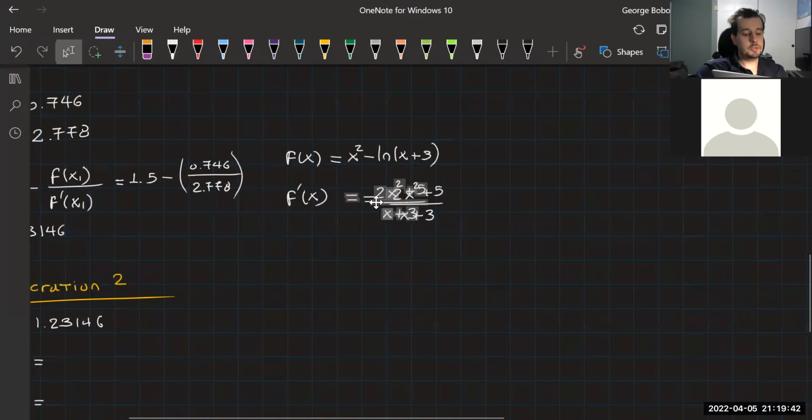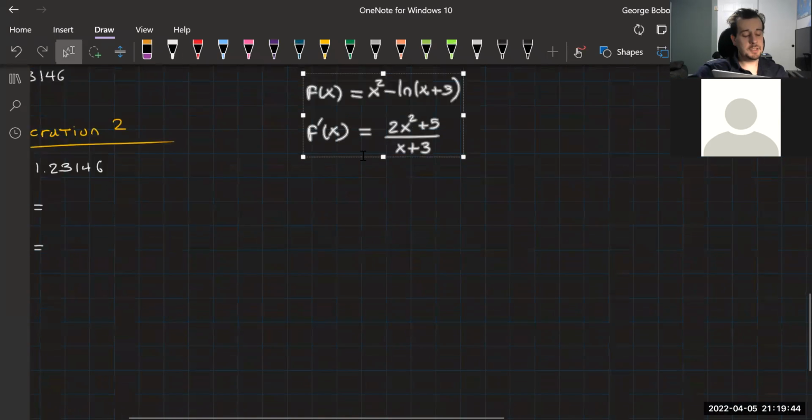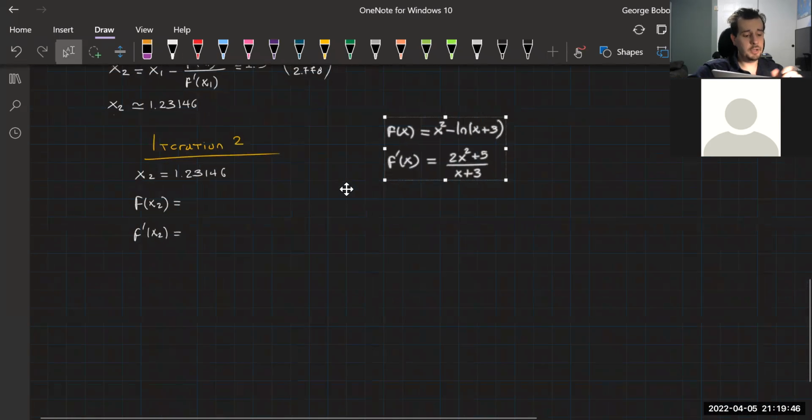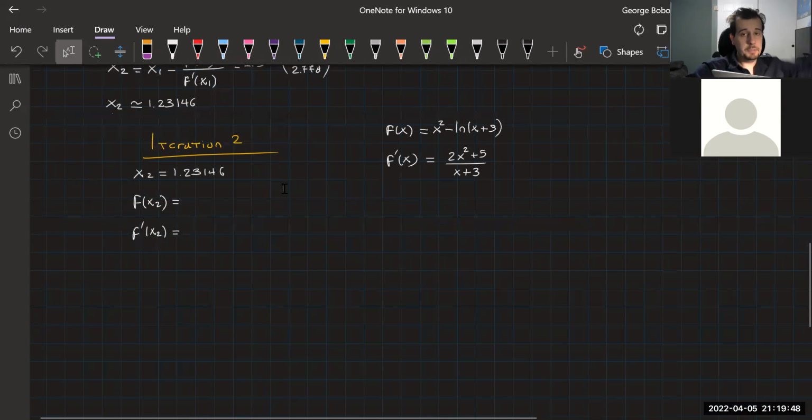Okay, so we want to work this to 6 decimals, they said, but I don't know if we're going to go all the way there. It might be 3 or 4 iterations before this happens.